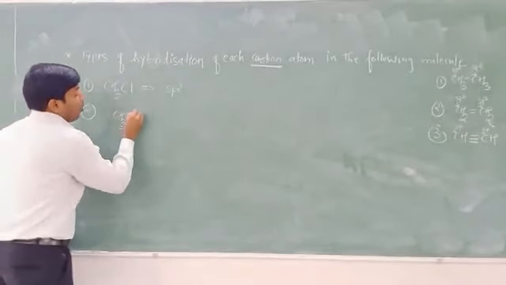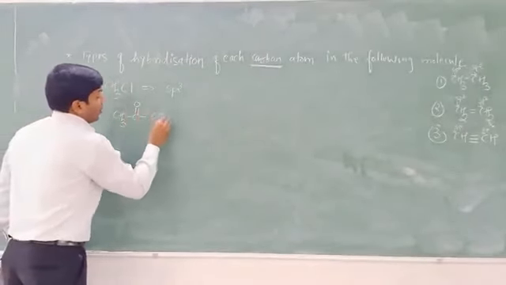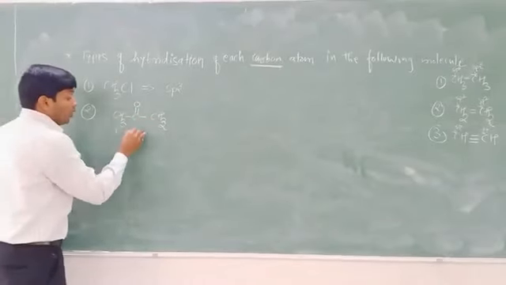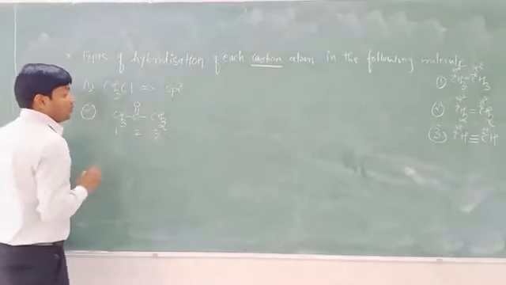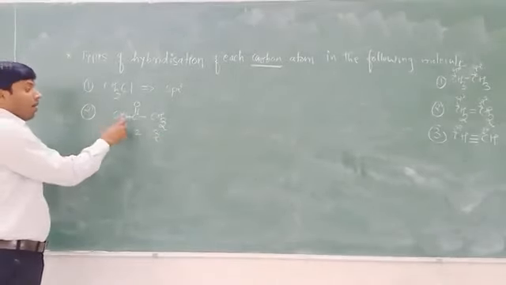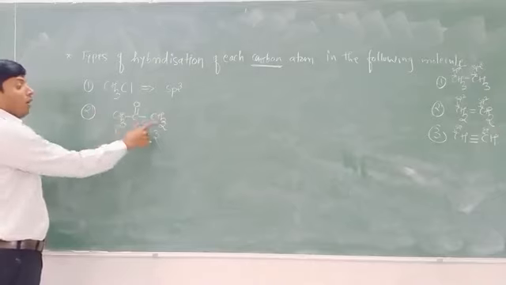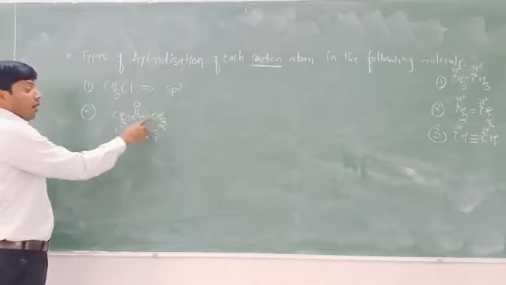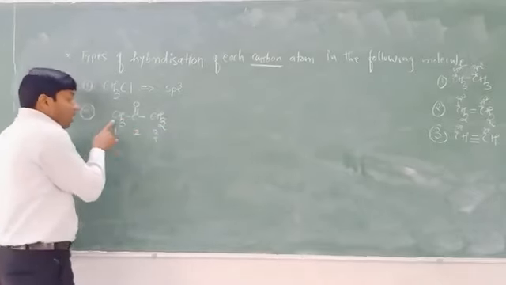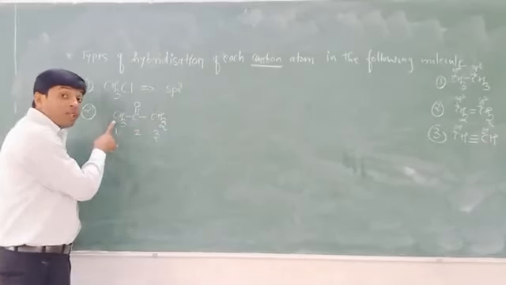CH3 C double bond O CH3. How many carbon atoms are there here? 1 is there, 2 is there, and 3 is there. What is the hybridization of the first carbon atom? The first carbon atom has single bonds, and the third carbon atom is also attached to the second carbon atom by a single bond. So the first carbon atom has sp3 hybridization.